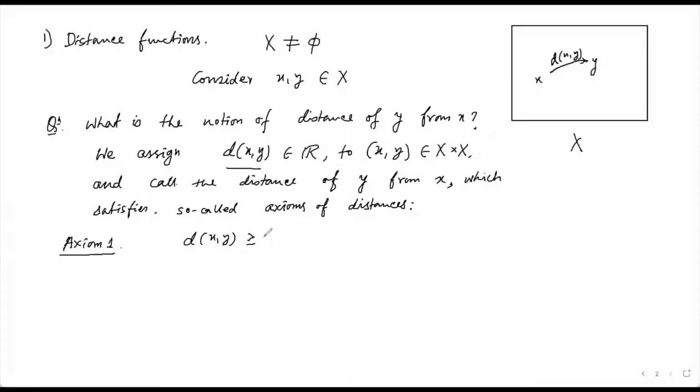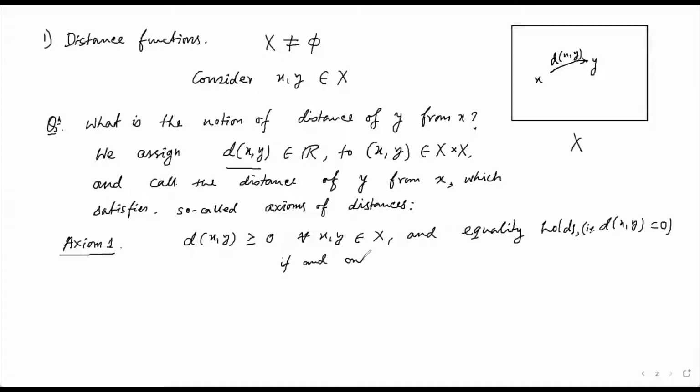That is, this is greater than or equal to 0 for all x, y belongs to X. And equality holds, that is d(x, y) is equal to 0, if and only if x equals y.